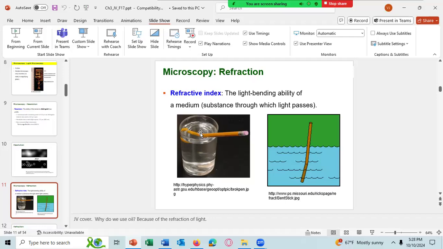It happens right there at the interface. That is actually a straight pencil, by the way, and it looks this way just because of the refractive properties of light. Light bends when it comes out of one medium and enters another.